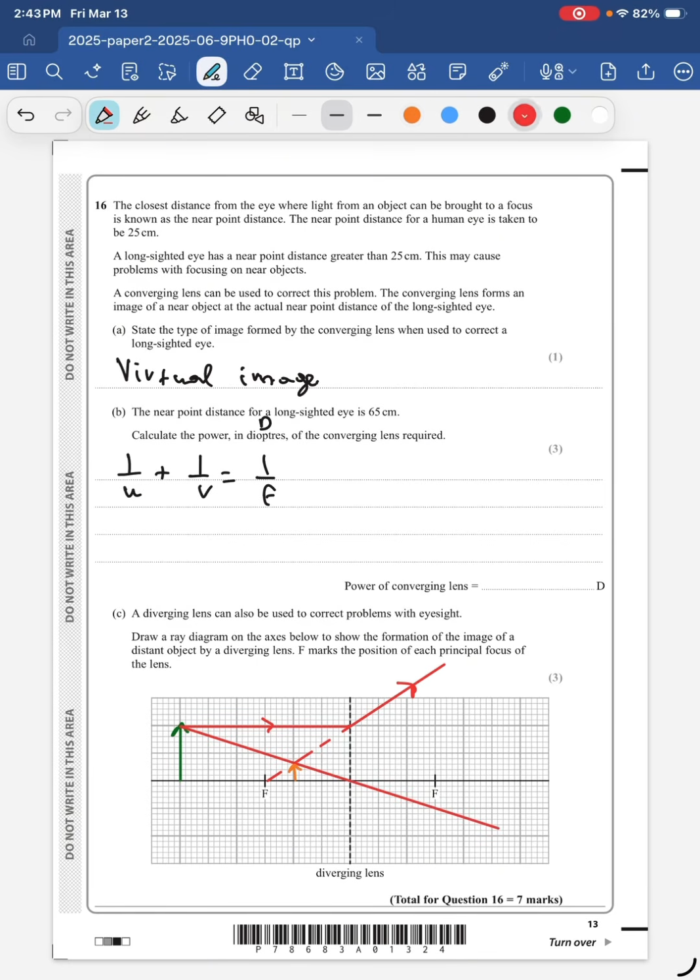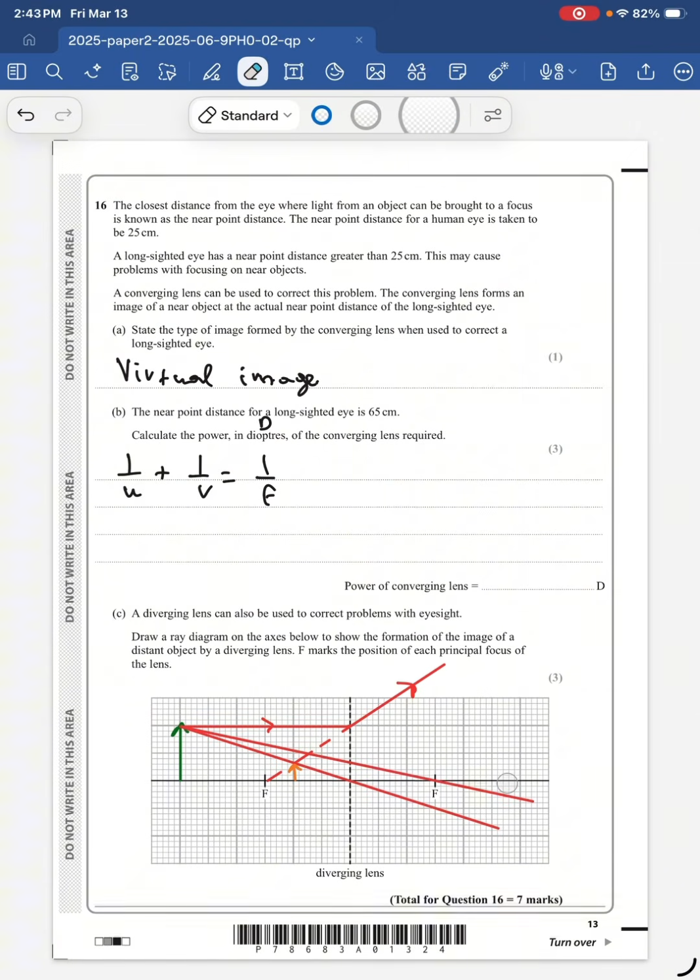And also, if you want one more line, you can draw this one, then this reflects.